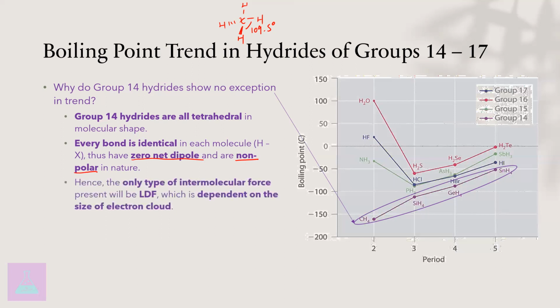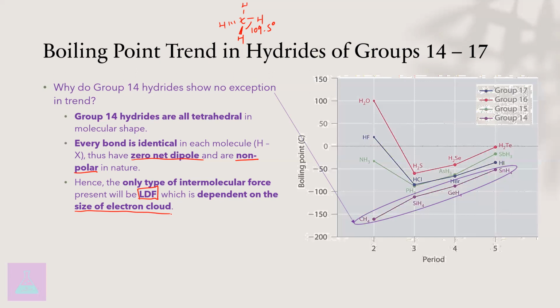Because of this non-polarity, there will be only one type of intermolecular force present. There is no hydrogen bond for sure. There will be no dipole-dipole. There will only be London dispersion forces. Again, this is dependent on the size of the electron cloud, which is increasing down the group, right?